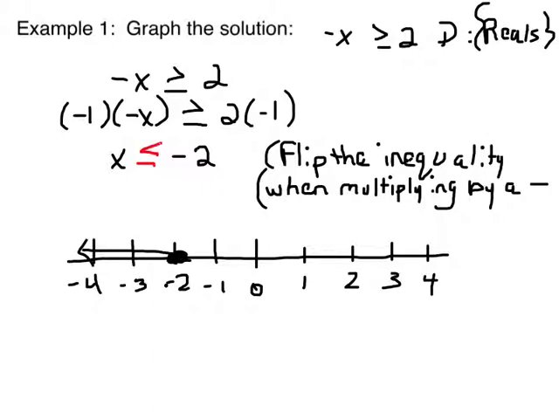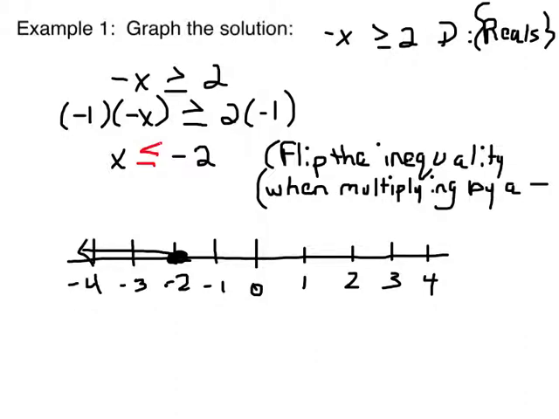We need a positive x. So now we have x is less than or equal to negative 2. If it was greater than or equal to 2, it is less than or equal to negative 2. So the rule is we're going to flip the inequality sign, the greater than or less than sign, when multiplying by a negative number. That'll be the rule.